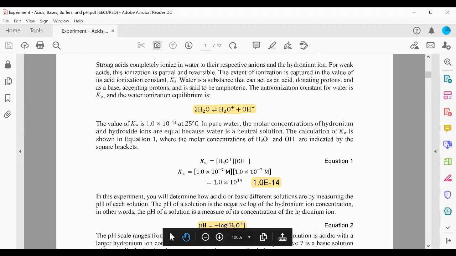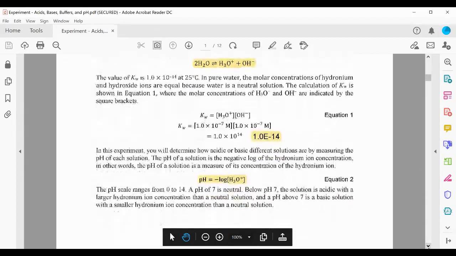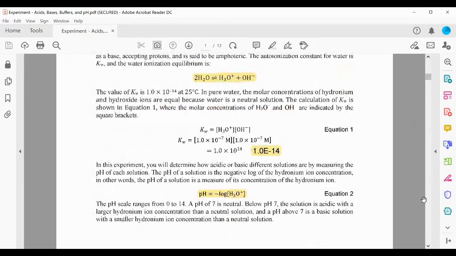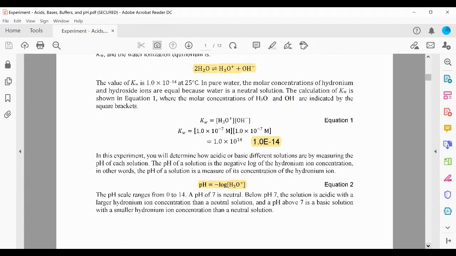Okay, if we look at what else they want to tell us in the write-up, basically they define the pH. That is a measure at the end of the day.